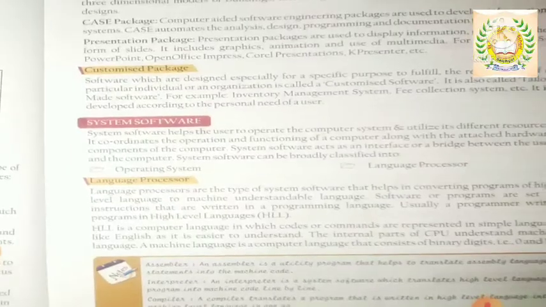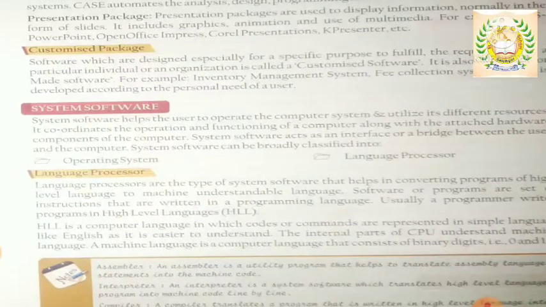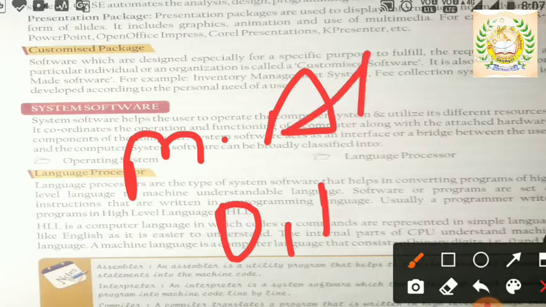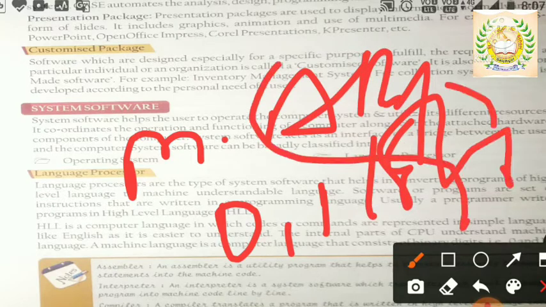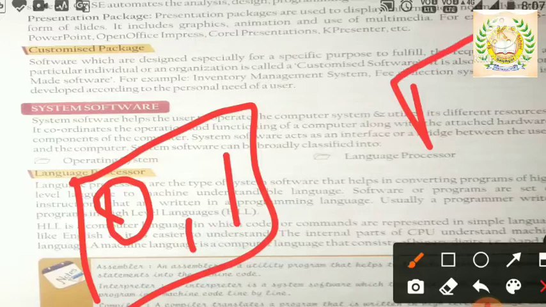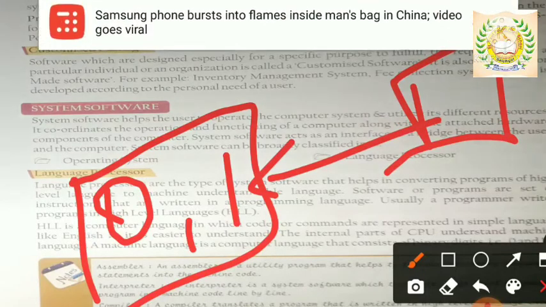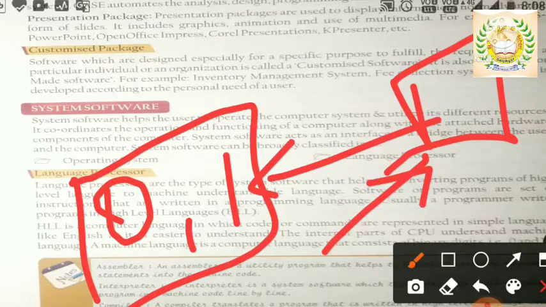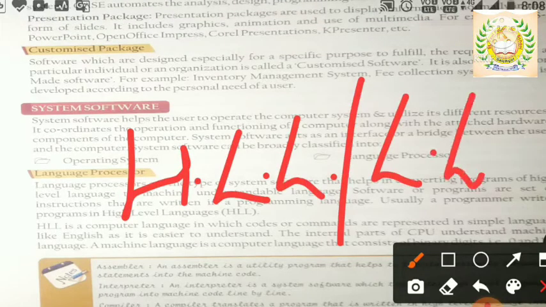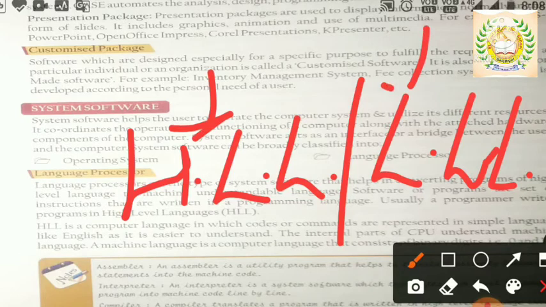You know that a computer does not understand your language, because a computer understands only machine language, 0 and 1, but your language is ABCD, Hindi, Telugu, Marathi, and so on. So your language must be converted to 0 and 1. There are two types of language, HLL and LLL: HLL means high level language, LLL means low level language.